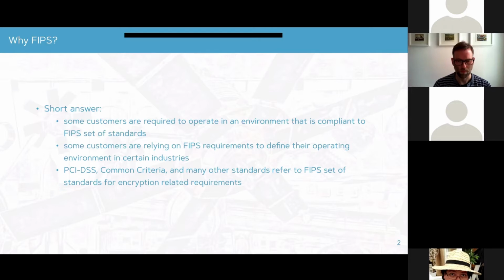So it's not just governmental organizations, but in the US, governmental organizations have not had the freedom to say that they cannot run in FIPS mode since 2014, I think. So it's a pretty big requirement in certain areas.